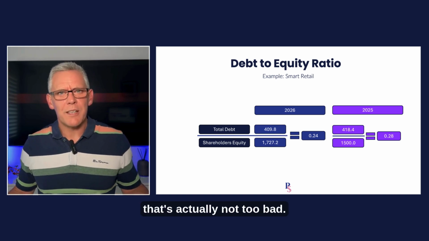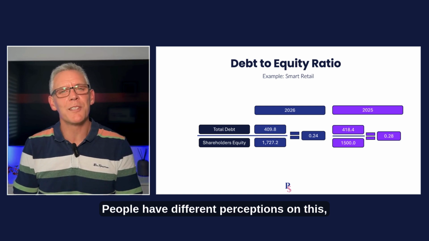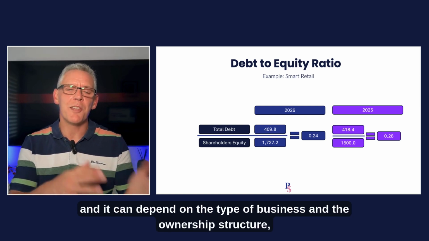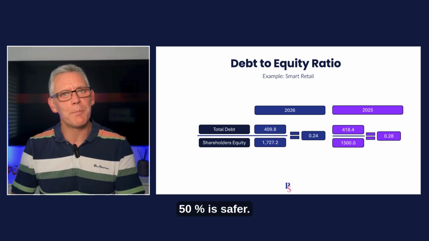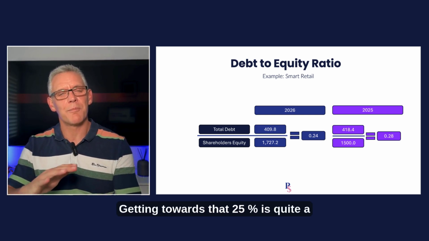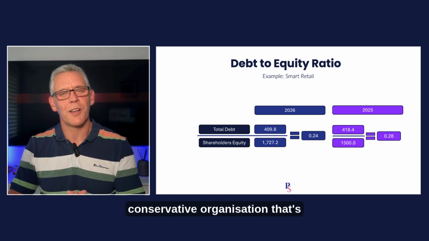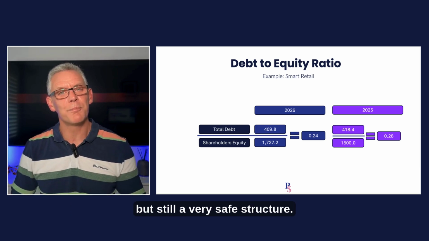Now, that's actually not too bad. People have different perceptions on this, and it can depend on the type of business and the ownership structure. But often, something below 50% is safer. Getting towards that 25% is quite a conservative organization that's using debt to actually generate some better returns, but still a very safe structure.